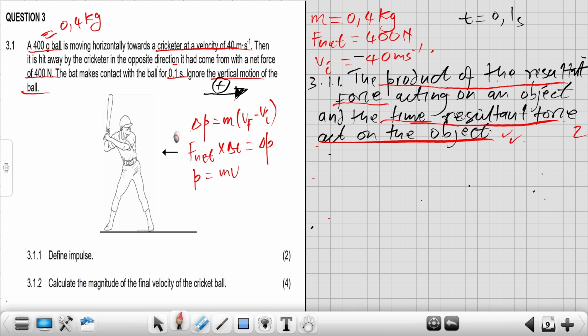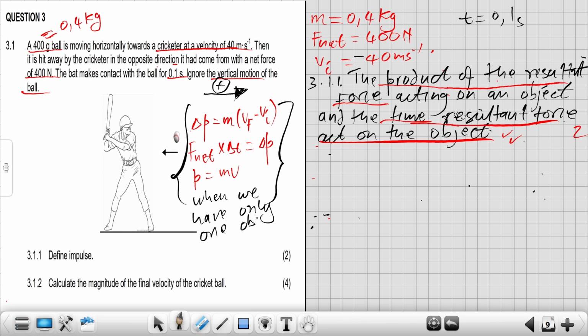But when you check, these are equations that we can use when we have only one object to consider.